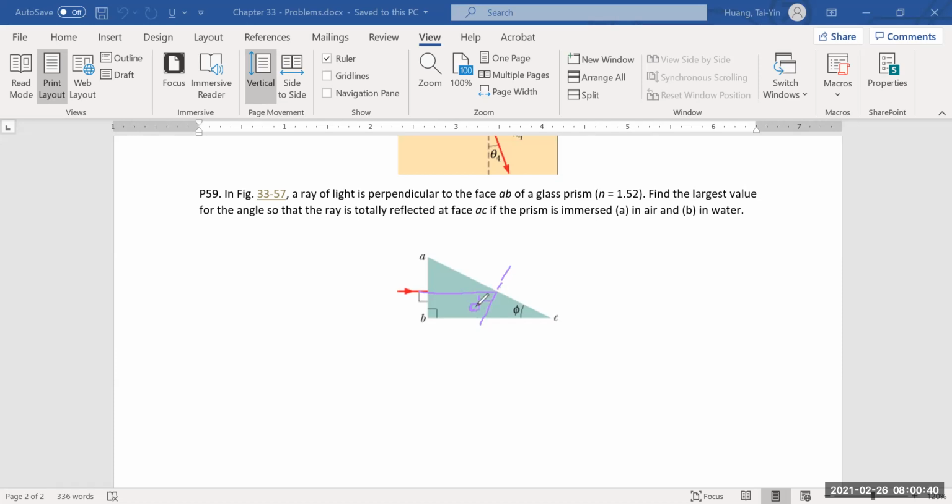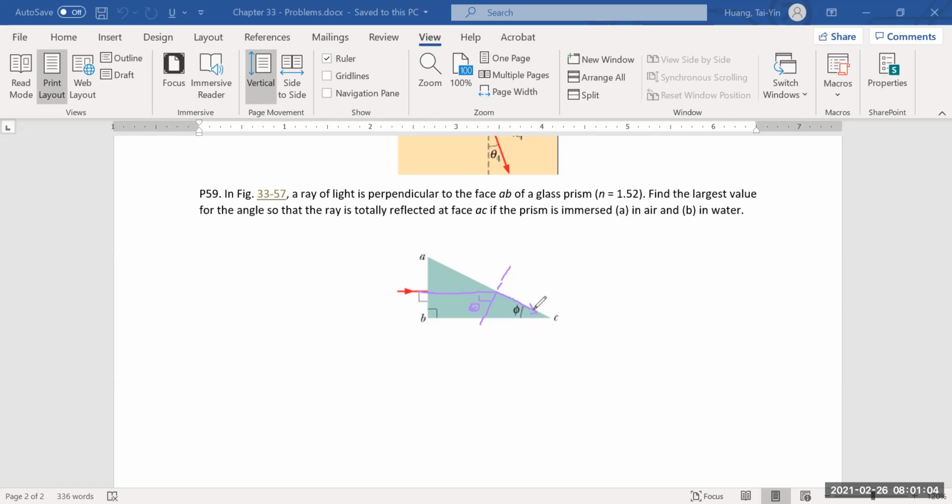Your goal is to find at what angle the refracted ray will be propagating along the interface, because it says totally reflected, meaning that it is just about at the critical angle. This angle is actually the critical angle because light is propagating along this surface.